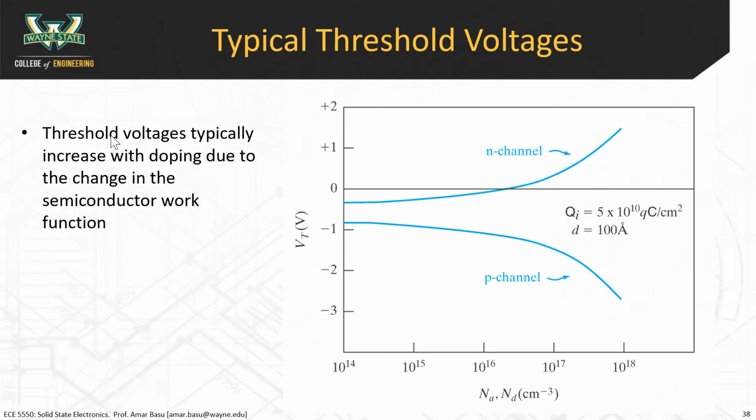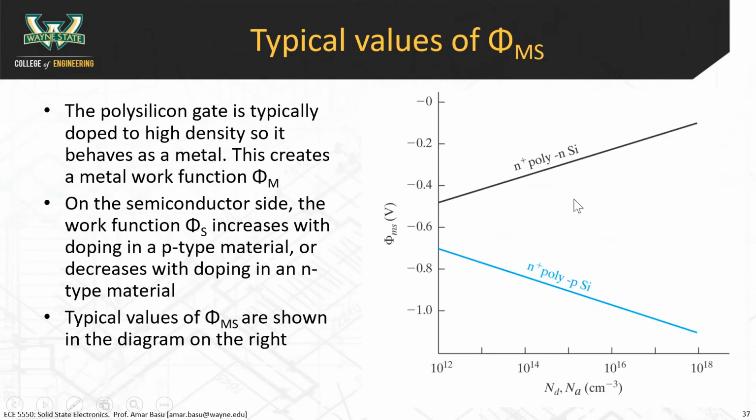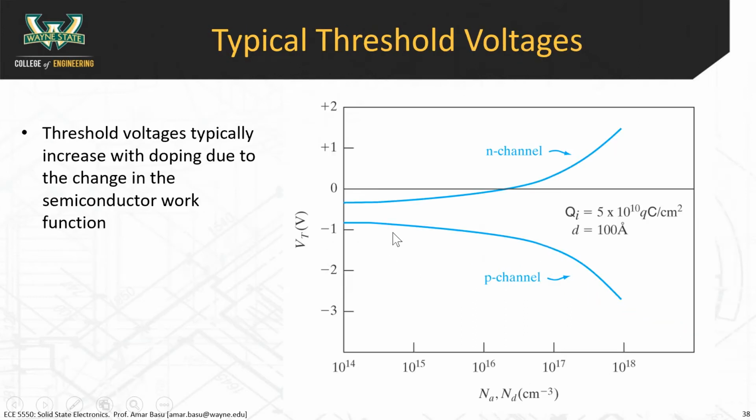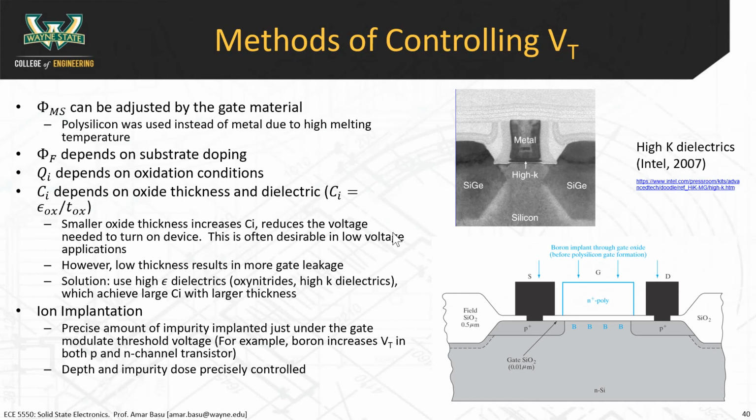And when you're using polysilicon, this is the type of chart that you would use to basically figure out what the metal semiconductor work function is. It's a function of the doping process. The same process that you're using to dope the polysilicon is also going to end up doping the substrate as well. So the doping step controls both phi m and phi s in a polysilicon type process.